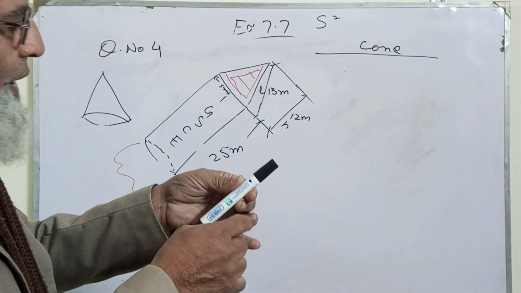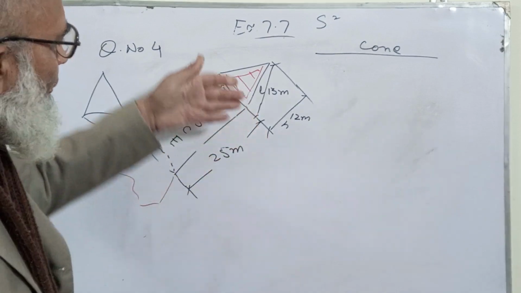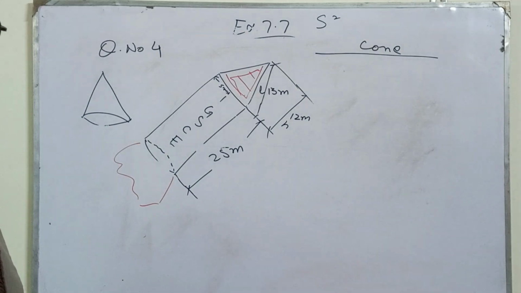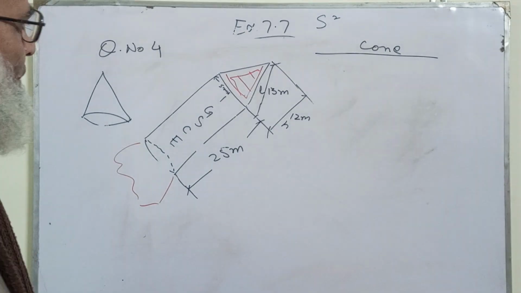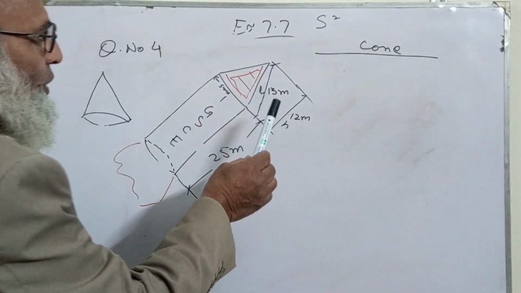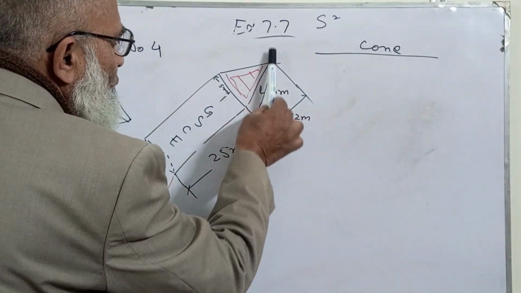Now what we have to find is the surface area of this whole rocket. Take my point and understand it: we are going to find the surface area of this cone first.